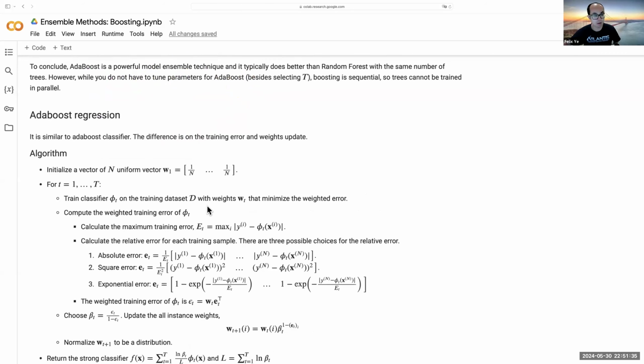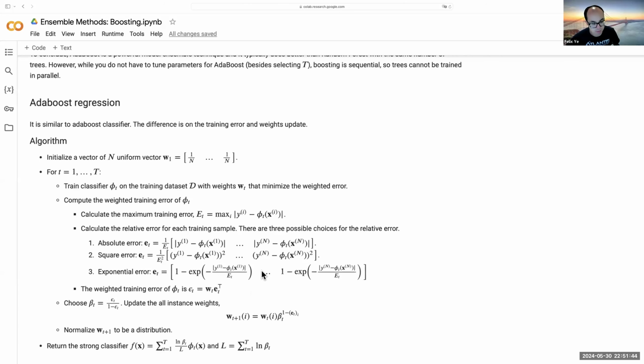All right, you can also do AdaBoost regression, which is very similar to AdaBoost. You can see this whole algorithm is very close to what we have.